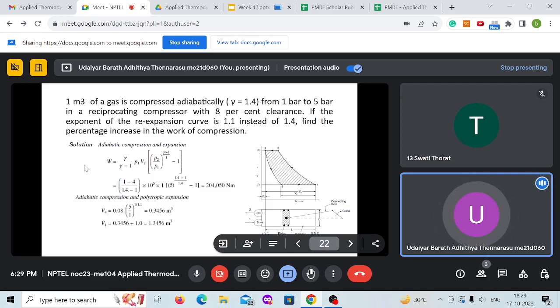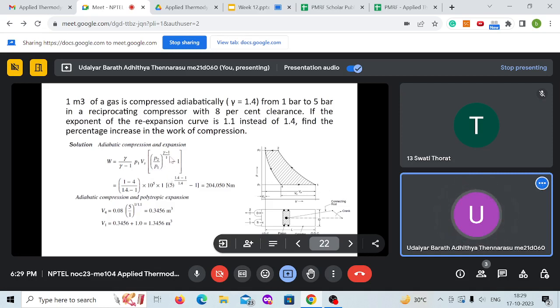Initially, because we need to find the percentage change in work of compression, we'll assume both compression and expansion are adiabatic processes. For that, your work can be expressed as gamma by gamma minus 1 into P1 V1, suction pressure into suction volume, into pressure ratio raised to gamma minus 1 by gamma, minus 1.